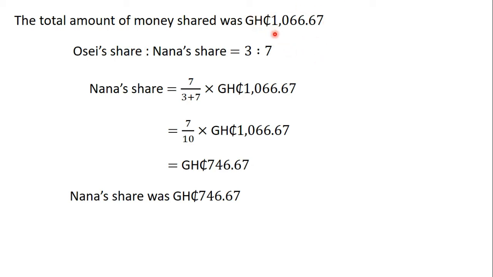So you have 1,066 Ghana cedis, 67 pesewas, minus Osei's share, which is 320 Ghana cedis, and we are going to have the same answer, 746 Ghana cedis, 67 pesewas. So you can simply subtract Osei's share from the total amount to get Nana's share, or you can use the ratio to find Nana's share.